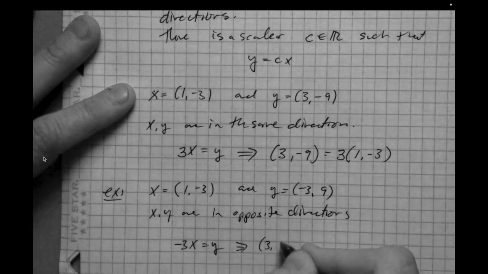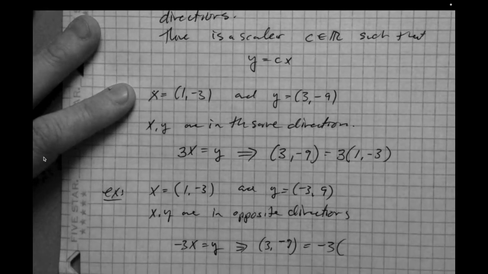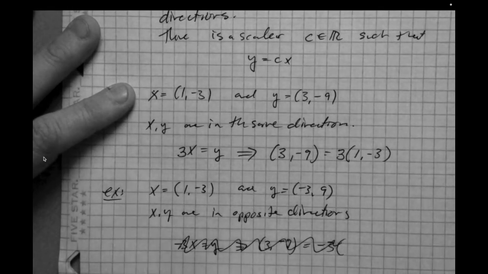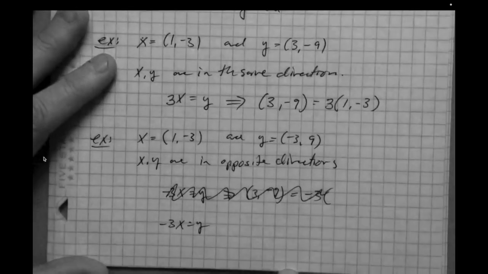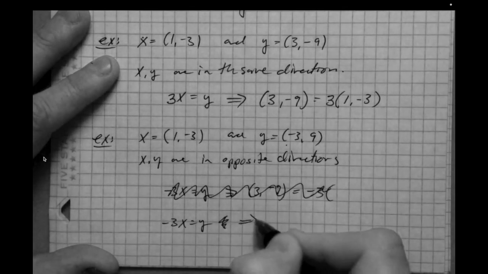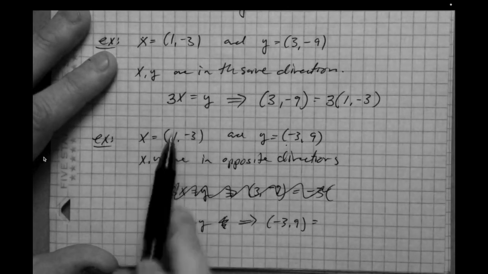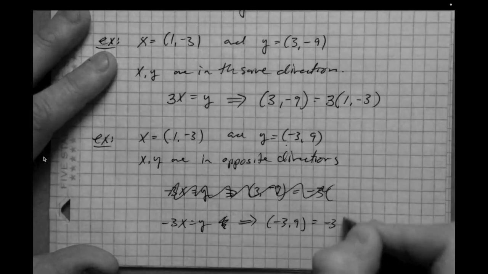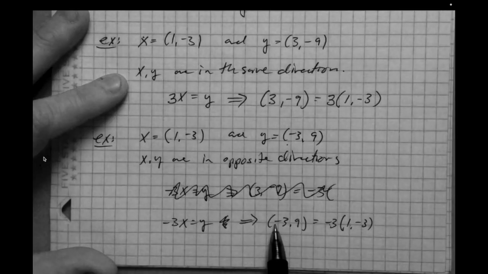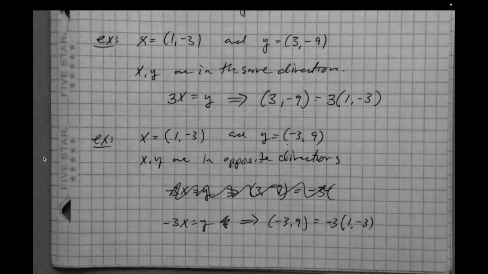So (-3, 9) is equal to -3 times (1, -3). This guy here, y, is equal to -3 times this. The -3 times 1 gives you the -3, and the -3 times -3 gives you the positive 9. So the negative flips the direction of this vector.